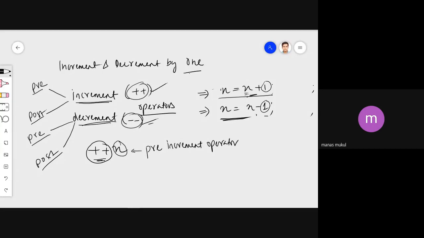Now this refers to the order in which things will happen. In this case, the operator first adds 1 to x, then yields the new value of x.